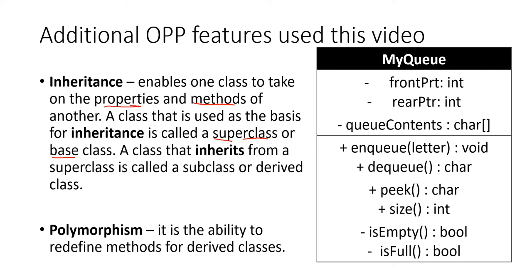And the class that inherits from the superclass, the parent class or the base class, is called a subclass or derived class, or finally child as well. So you can have parent and inheriting from the parent a child class too.